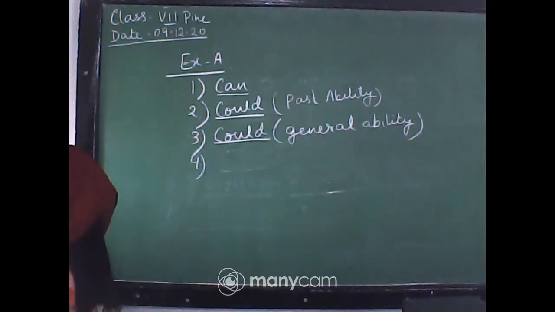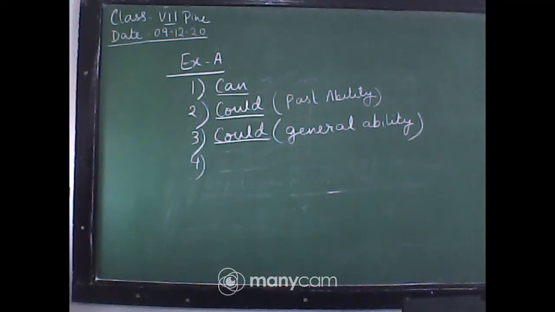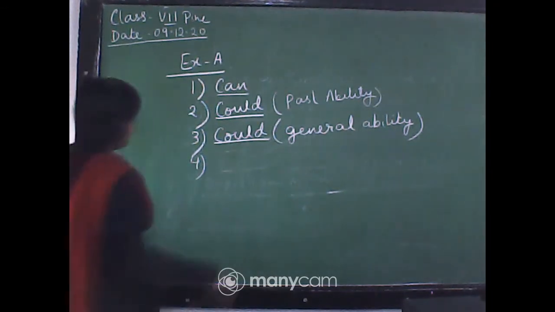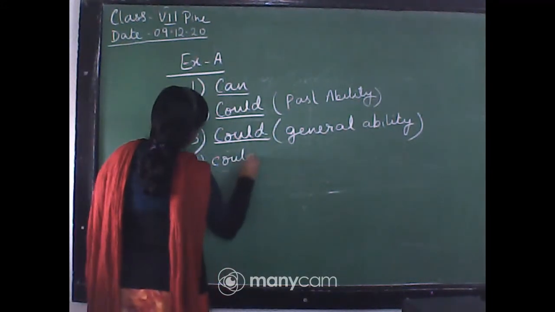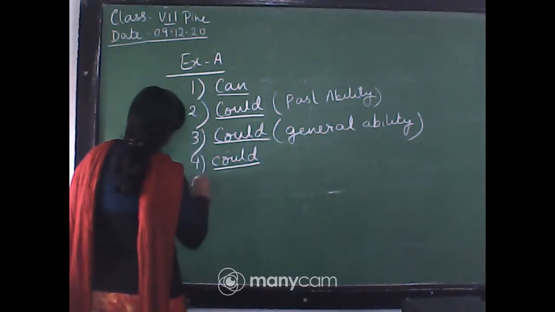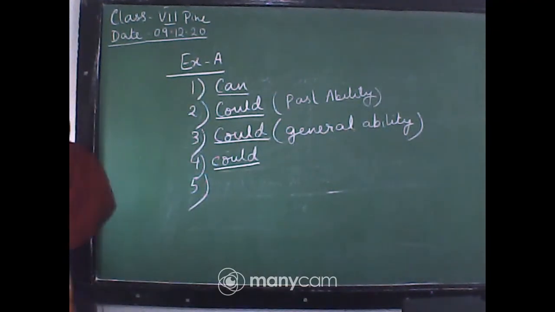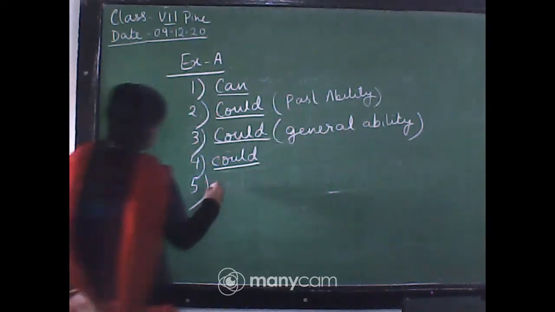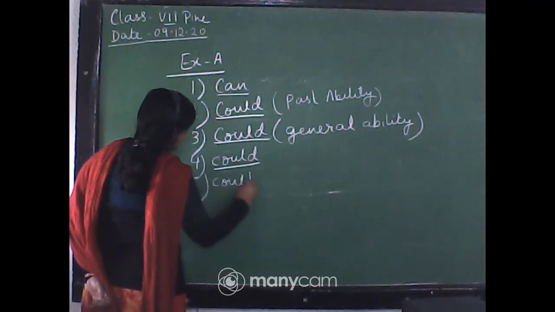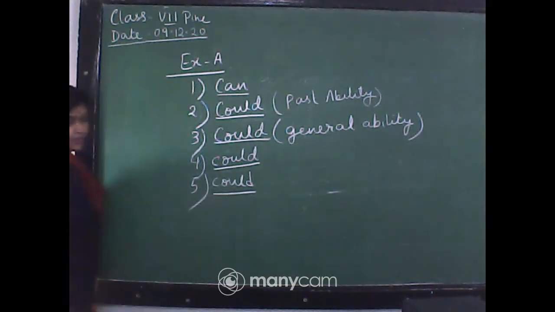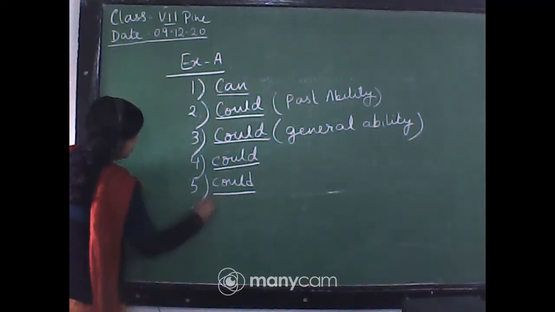Number 4, even though our car broke down, we could reach home on time. Number 5. As a child, she could paint well. Okay, can you see the board? Yes, you can. Number 6.